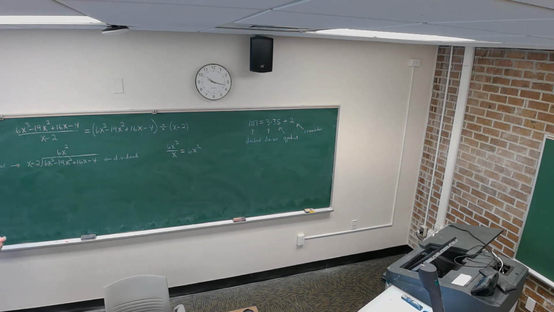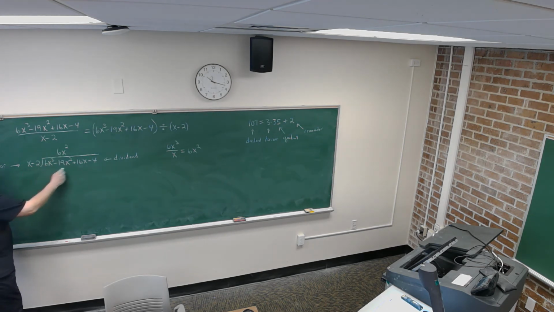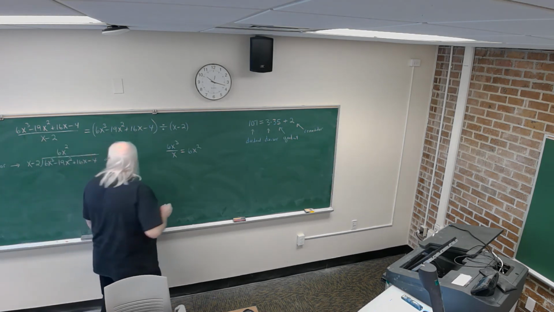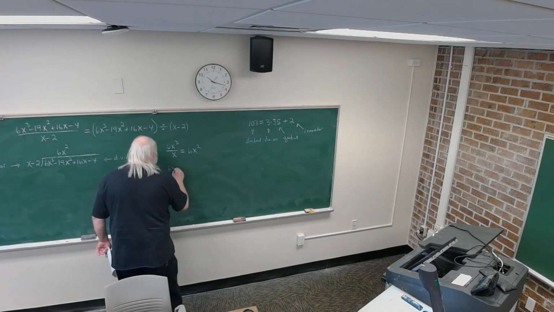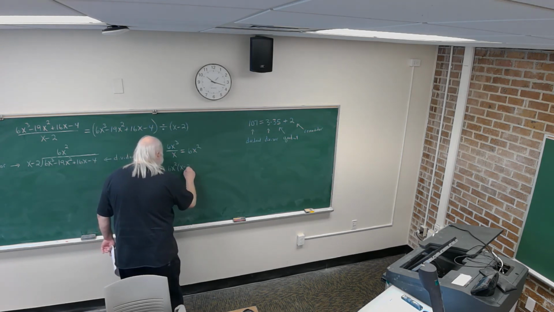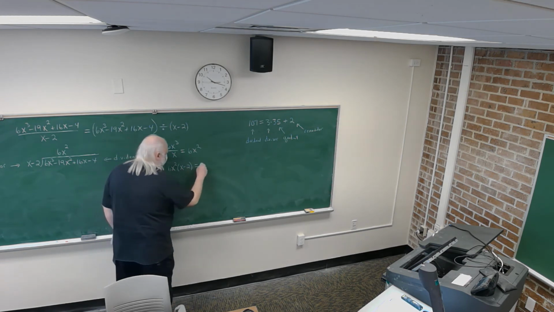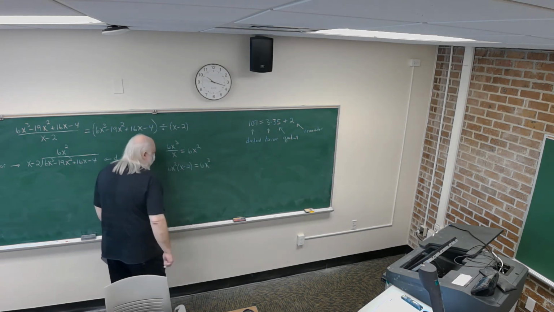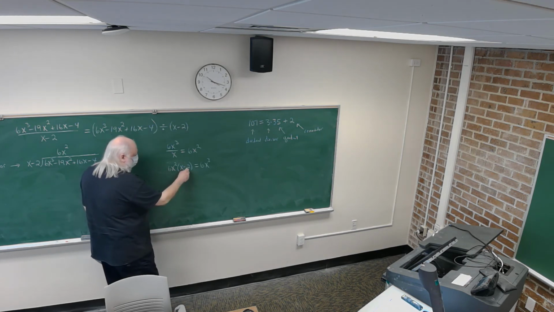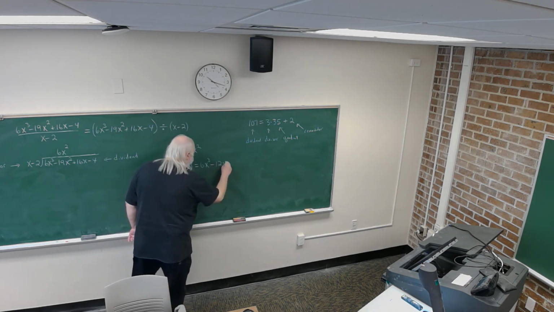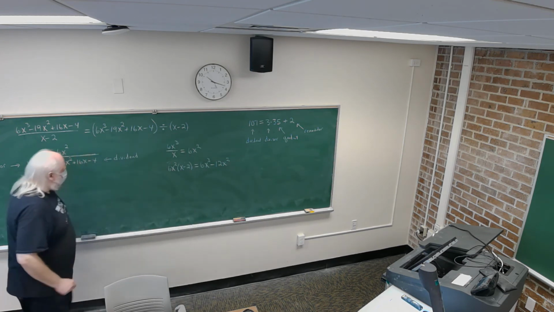Okay. And now, like we did with real numbers, you multiply 6x squared times the divisor, and that's what we're going to subtract from the dividend. Just like we did with real numbers. So 6x squared times x minus 2. When you distribute the 6x squared, you have 6x squared times x, which is 6x cubed, and then 6x squared times minus 2 is minus 12x squared.